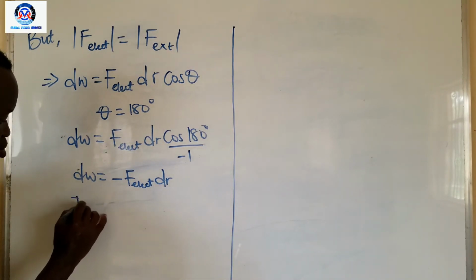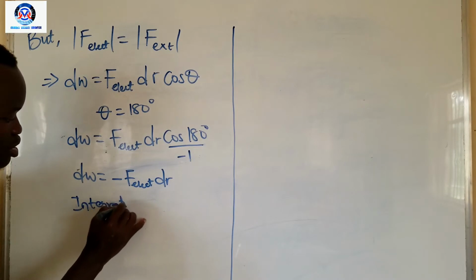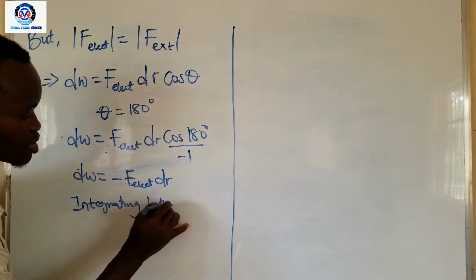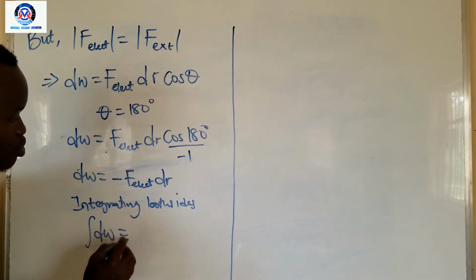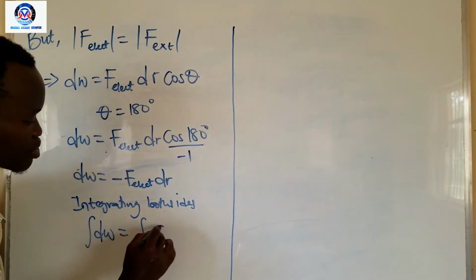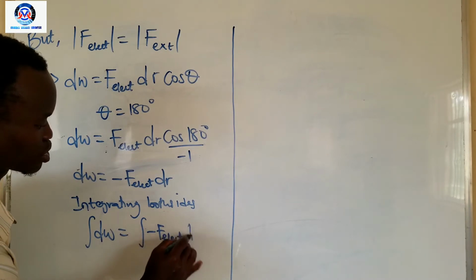That is, integrating both sides, we have the integral of dW equals the integral of minus electric force dr.